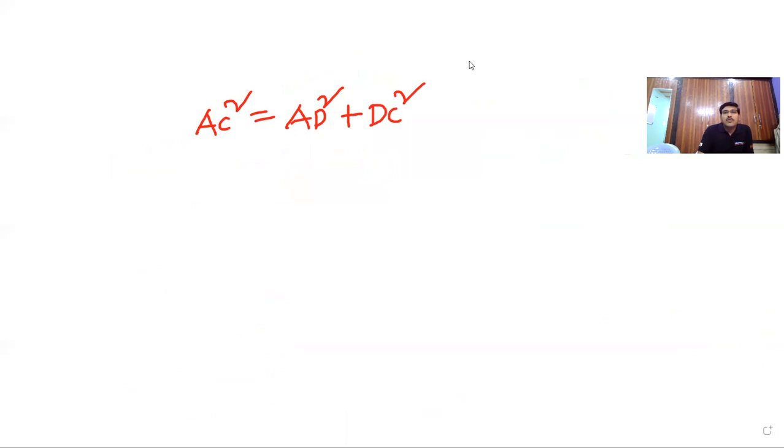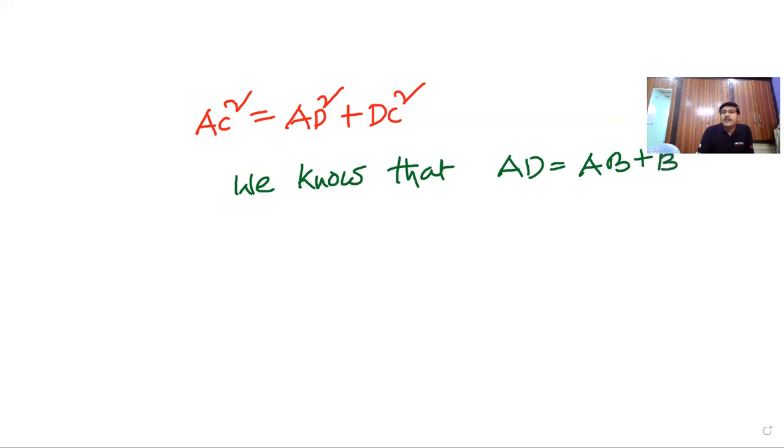So we know that AD is AB plus BD. AB is already 2 meters. BD is how much we calculated? 1.5 root 3.